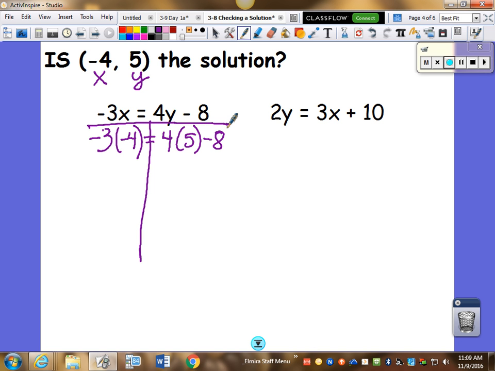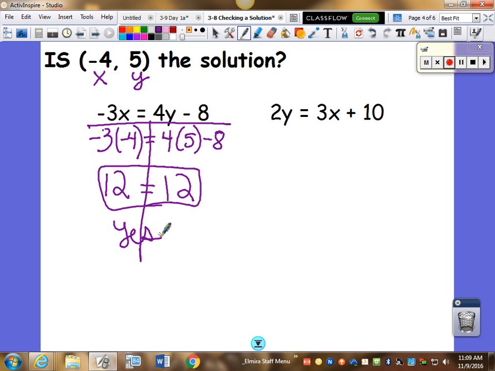On the left-hand side, it says -3 times -4, and that makes +12. And on the right-hand side, it says 4 times 5, which is 20, and then 20 take away 8 is also 12. So these came out equal on each side. So that would be a yes.